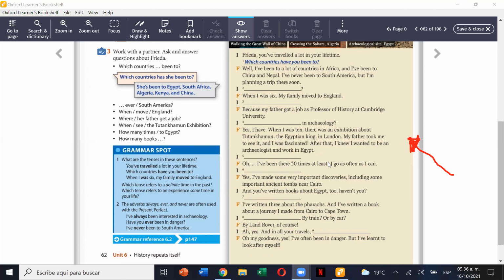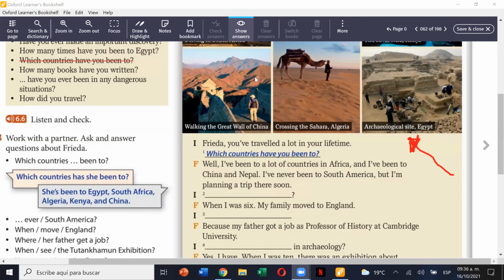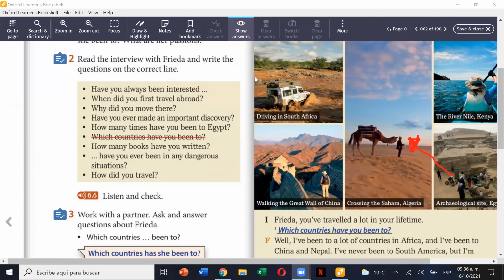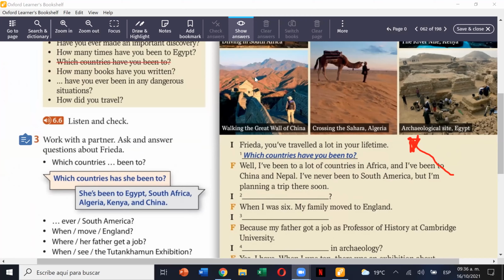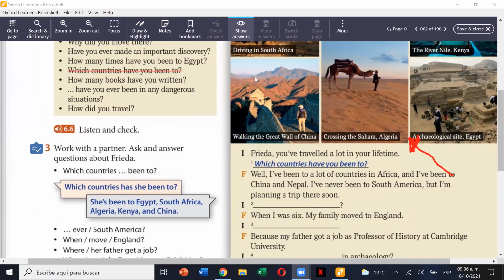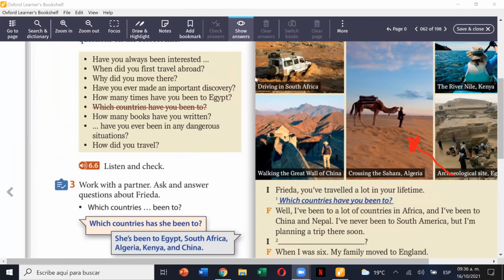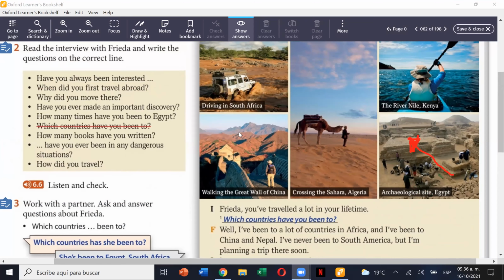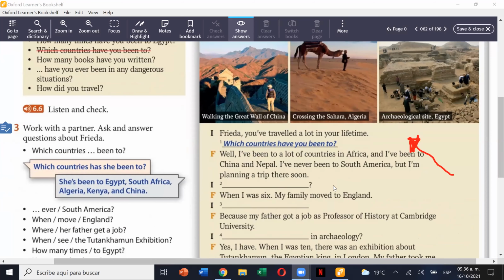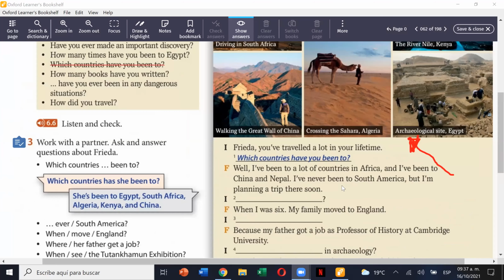Okay, it was easy peasy, right? So let's check the answers here. After which countries have you been to? Number 2, it's what? When did you first travel abroad? When I was 6, my family moved to England.